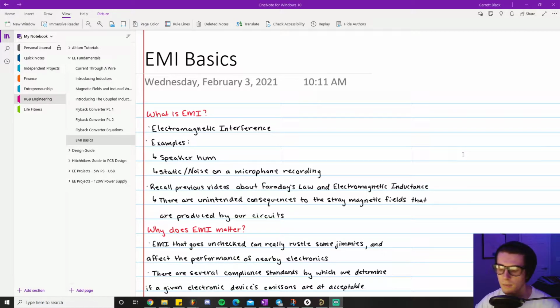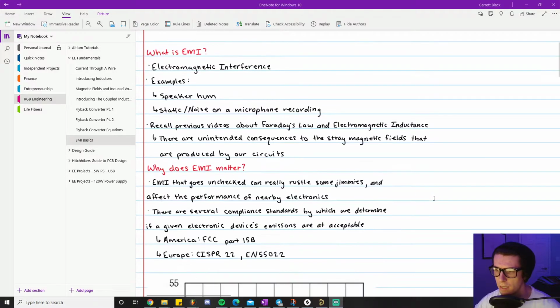So it's unwanted changing magnetic fields, fluctuating, permeating throughout the ether, that are being picked up by our sensitive electronics. And that's just something we have to deal with because Faraday's law is great and we can harness that physical phenomenon to do a lot of amazing things, but there's give and take here. It's kind of like gravity. You want to be able to jump really high, but gravity keeps you on the earth. So you have to take what you can get, I guess.